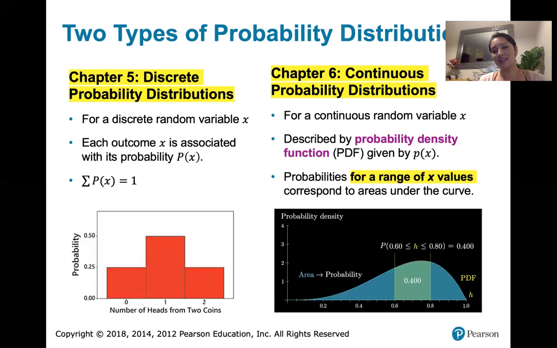So rather than asking what's the probability that h is 0.5, we might say, what's the probability that h is between 0.49 and 0.51? What's the probability that h is in this tiny, tiny range? We can often find that using the methods in the rest of this chapter.